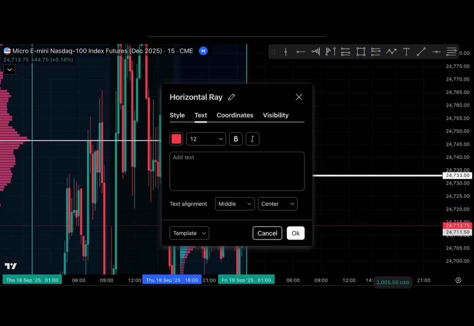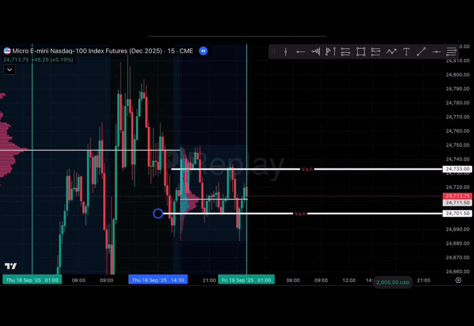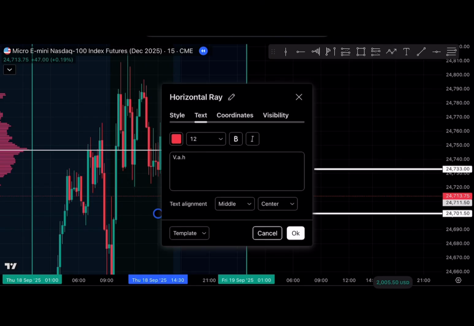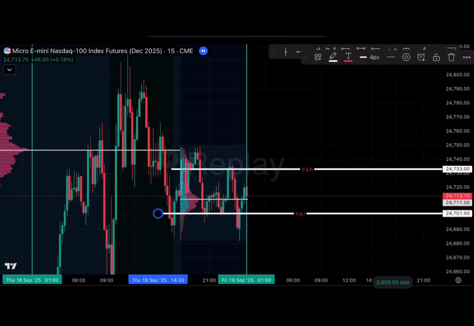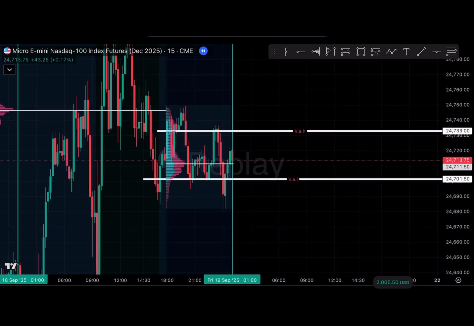My entry window. Mark my value area high. Value area low. I'm aware the momentum isn't on my side because it's telling me to sell.